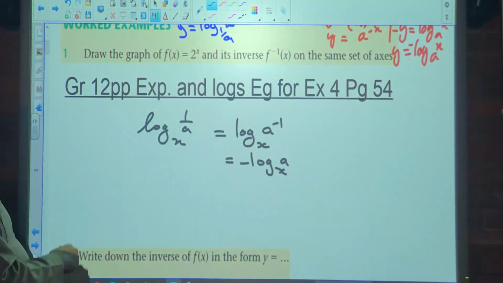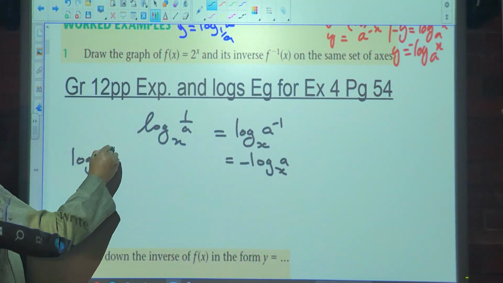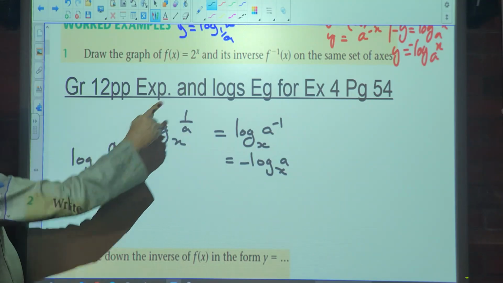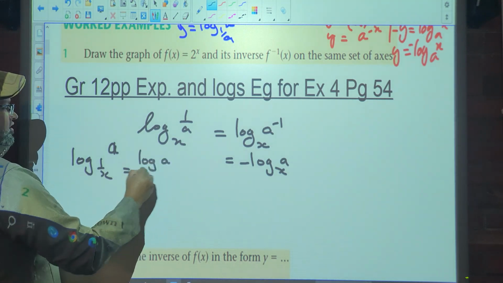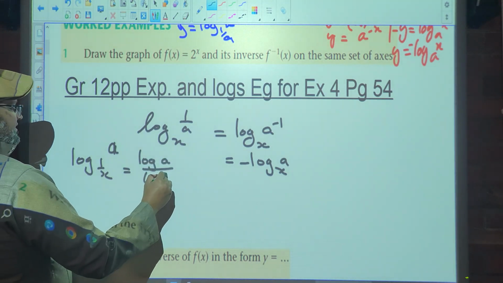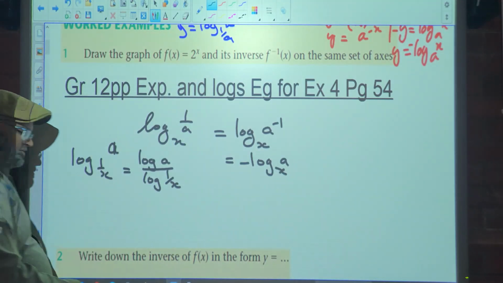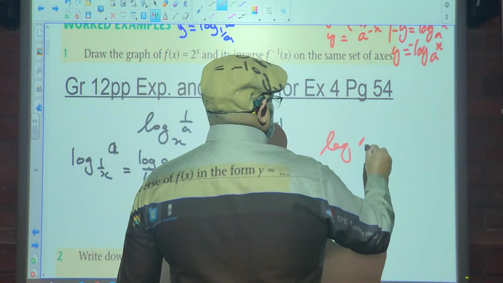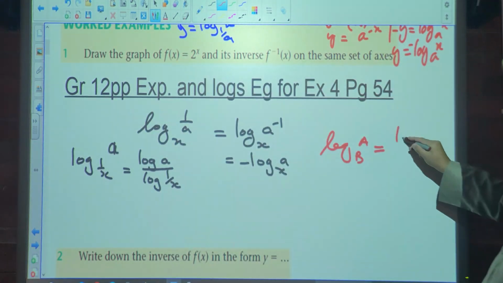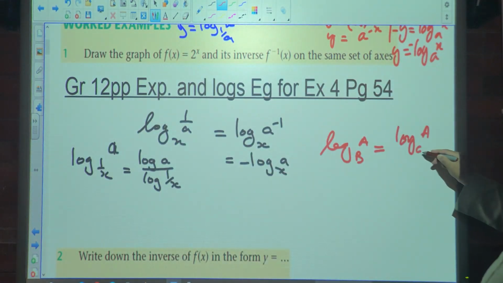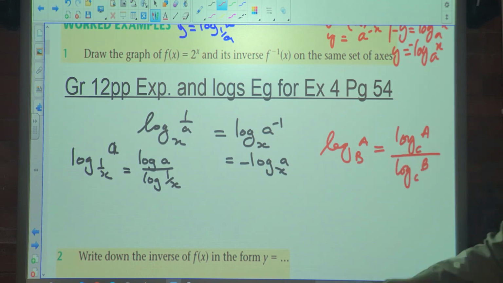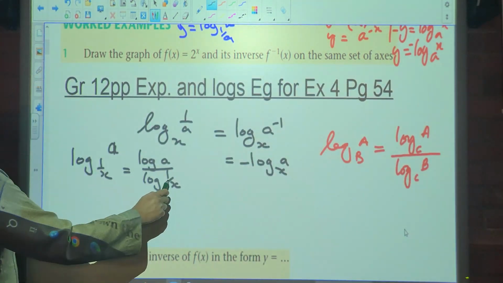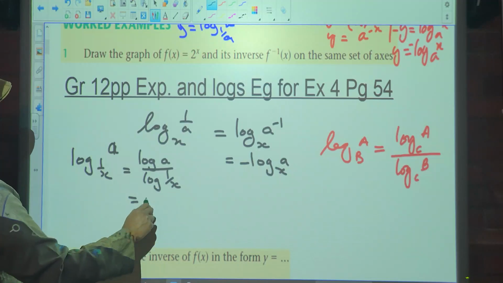Otherwise, if you've got log a base 1 over x, which is the one we just did now, this can be written as log a over log 1 over x. Remember the rule that we said, that log a base b can be written as log a base c over log b base c. So what did I make the base here? 10. Okay, so 1 over x can be written as x to the minus 1.